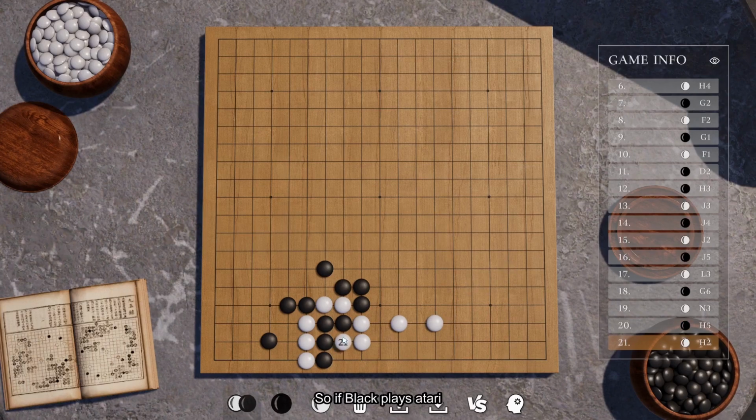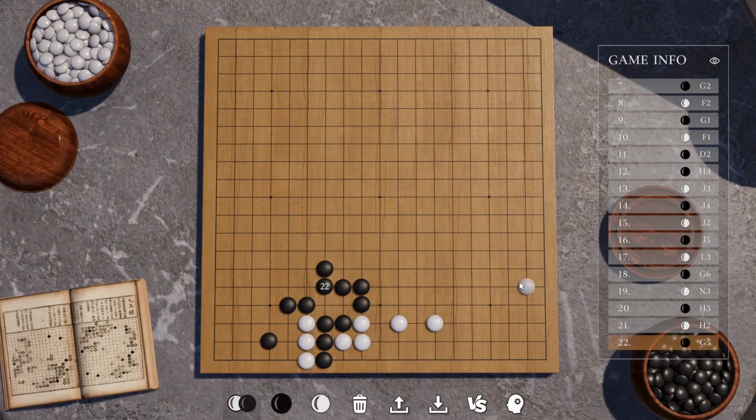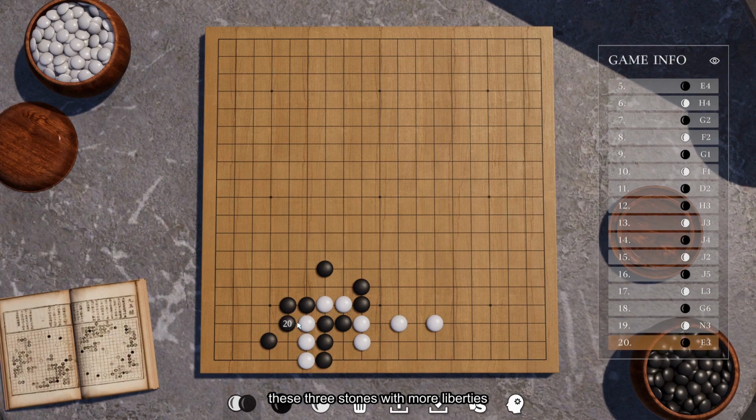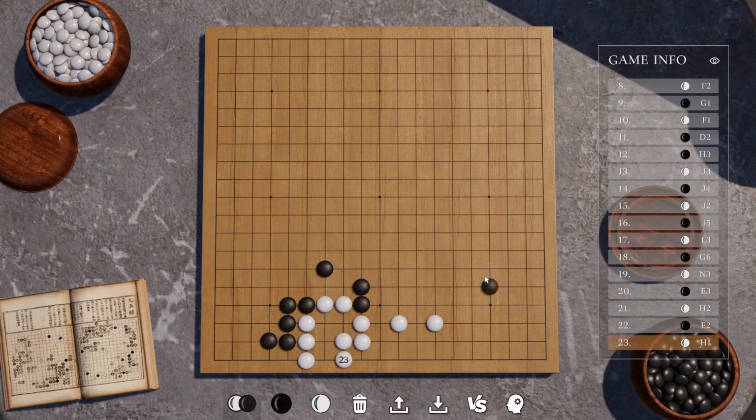So if black plays Atari, it can capture white. This battle for life is won. But if black makes a mistake with the target and tries to take liberties from the white group that has more liberties, these 3 stones with more liberties, then black will be captured by white.